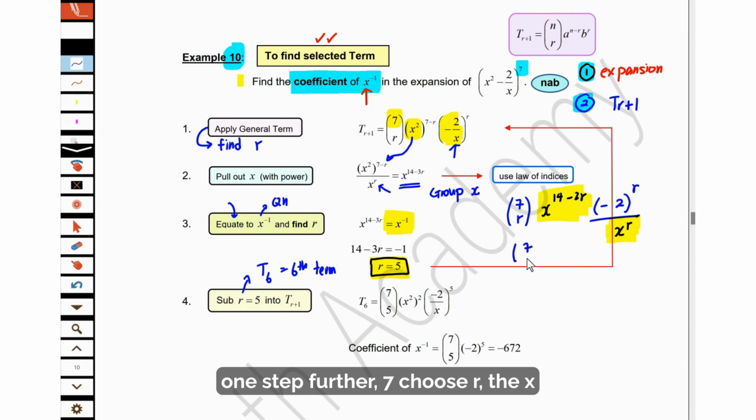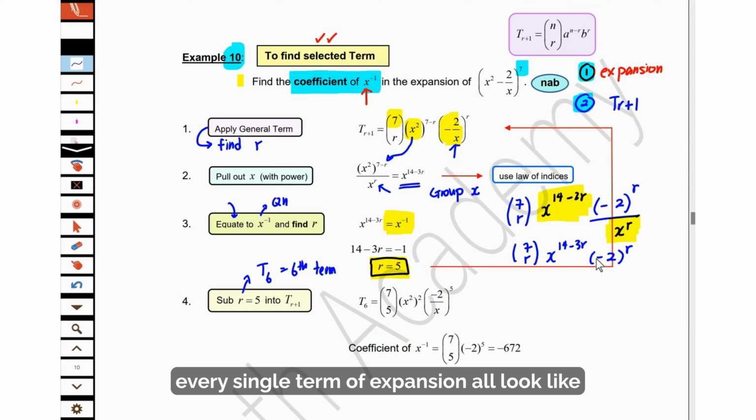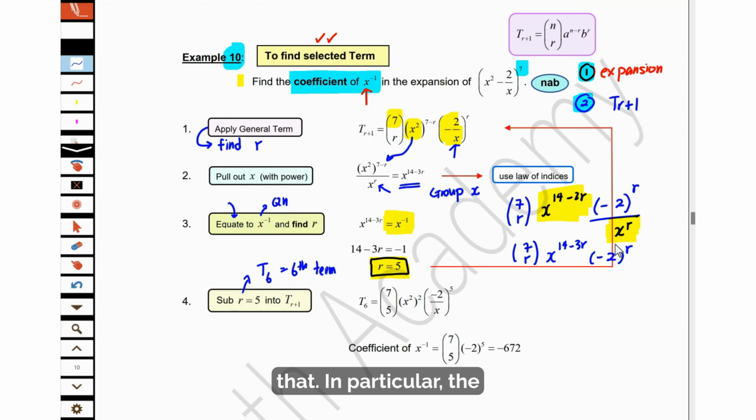So if I go one step further, 7 choose R, the x I've combined them into 14 minus 3R, followed by your negative 2 power R. So once you simplify your general term, it's going to look like that. So each and every single term of your expansion all look like that.